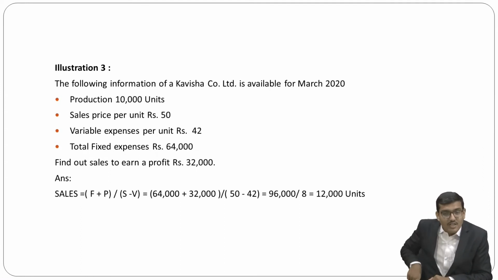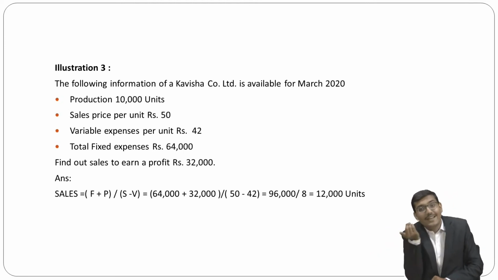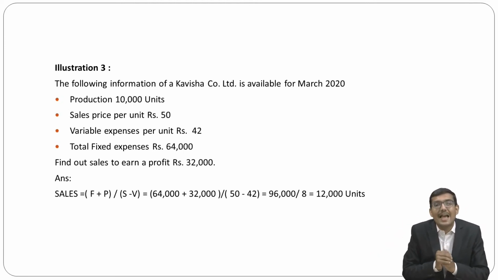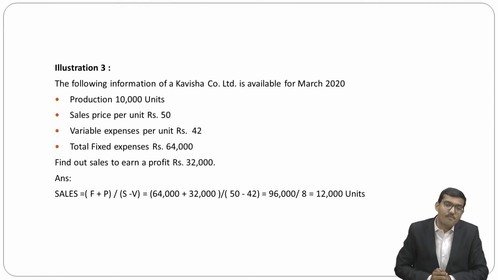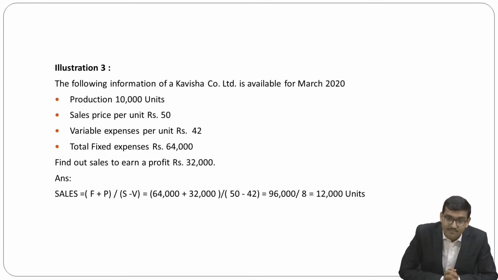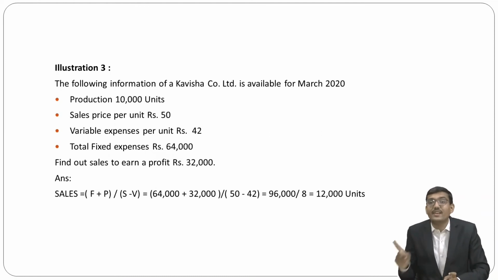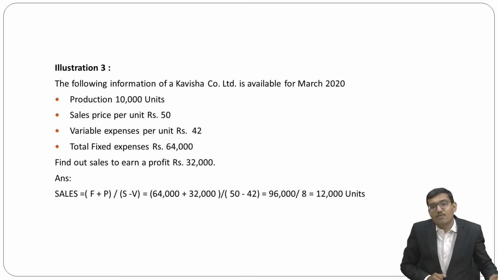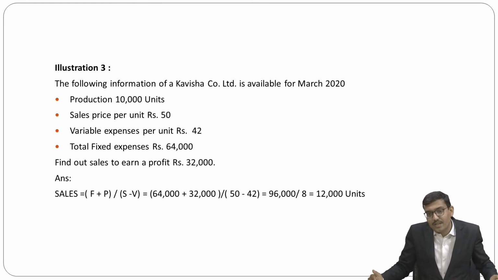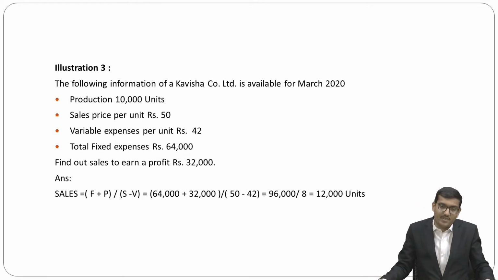So 64,000 plus 32,000 divided by rupees 8, then we will achieve your sales, which is 12,000 units. Why do we get units? Because we find out in a per unit way. So the production is 10,000 and the sales is 12,000 units.